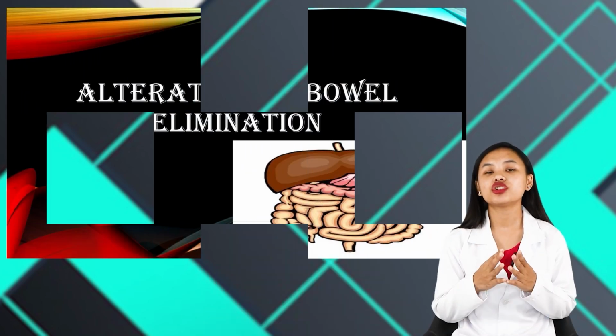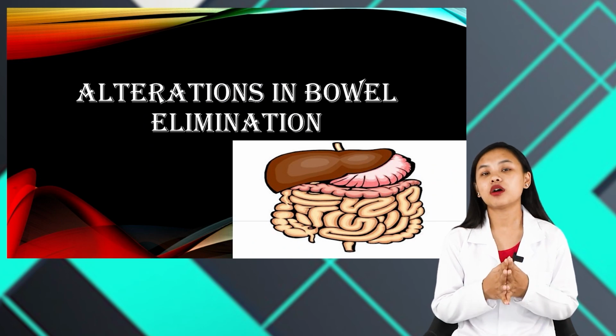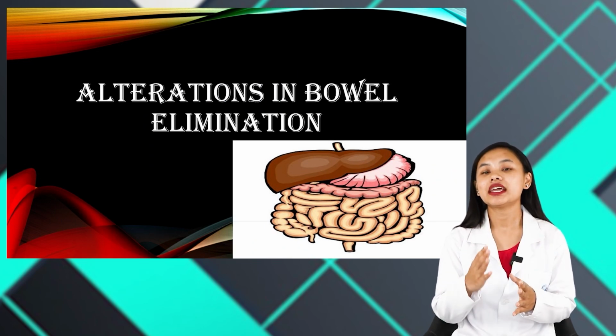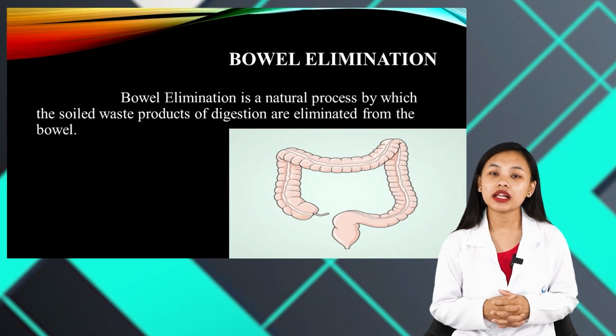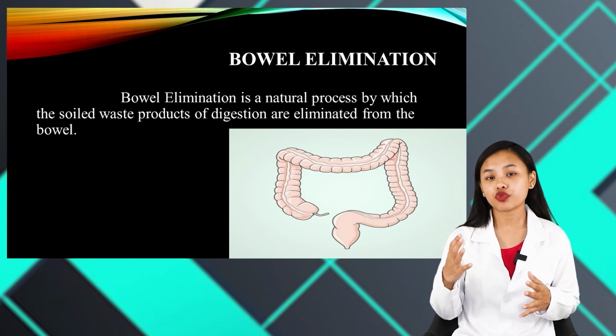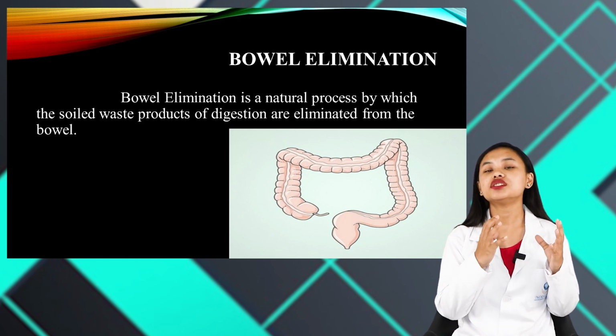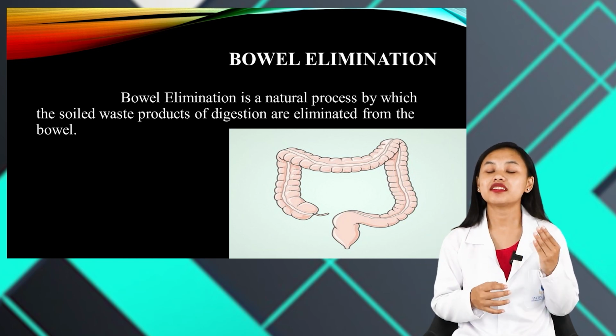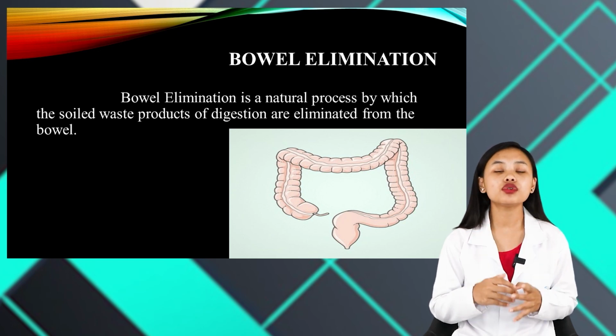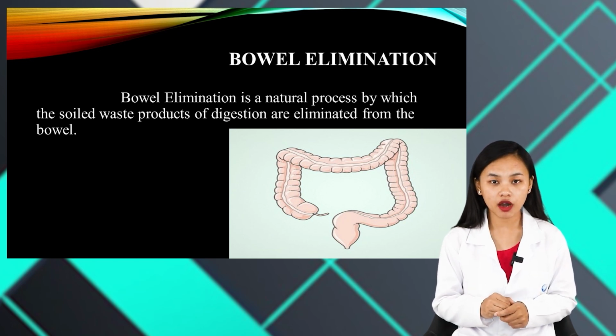In our previous session, we started discussing the physiology and the factors affecting bowel elimination. In this session, we will be discussing the alterations in bowel elimination. As we know, bowel elimination is a natural process by which the solid waste products of digestion, which is the feces or the stool, are eliminated from the bowel.